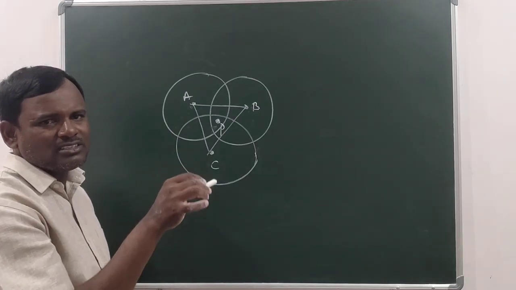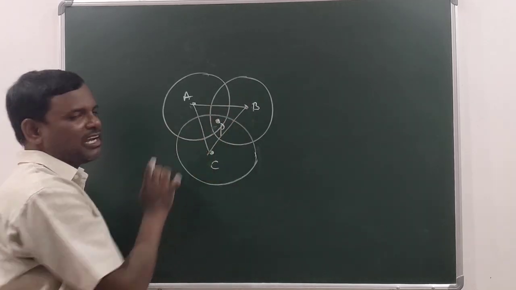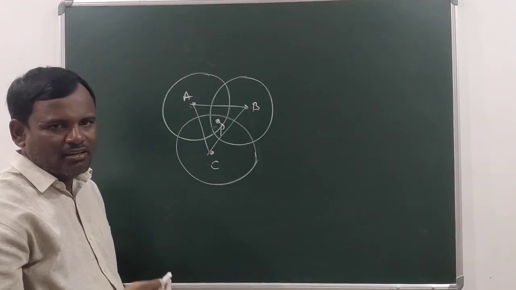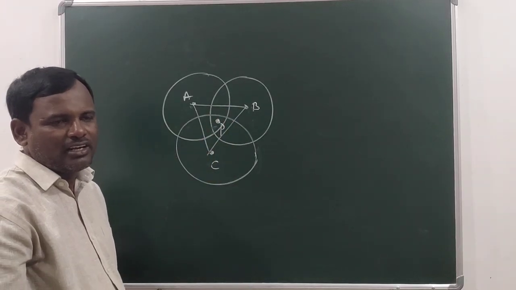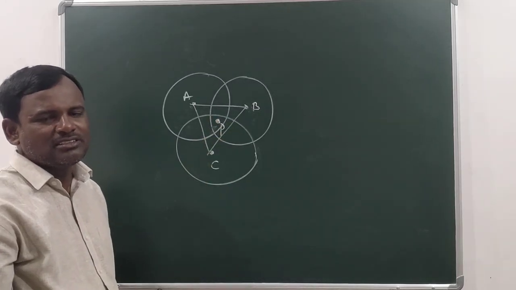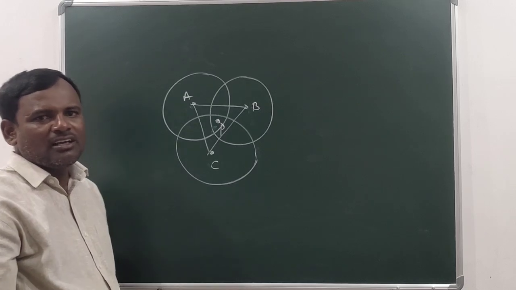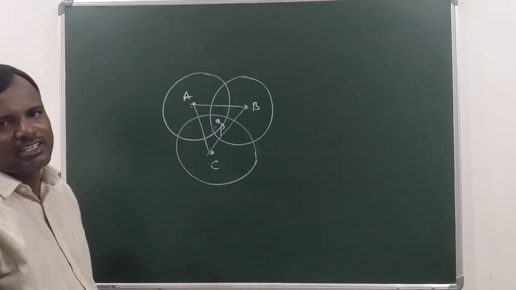Draw the common chords. Those common chords will be the altitudes of triangle ABC, and the common chords and altitudes will both be concurrent at the same point P. Hence, the orthocenter of triangle ABC is the radical center of the three circles.